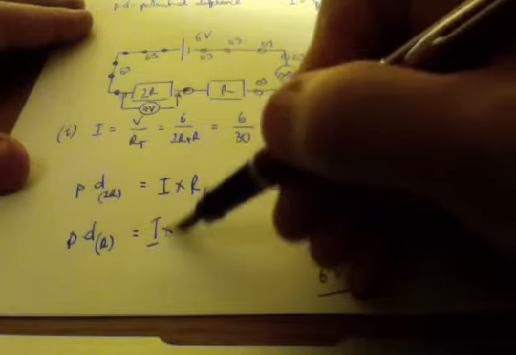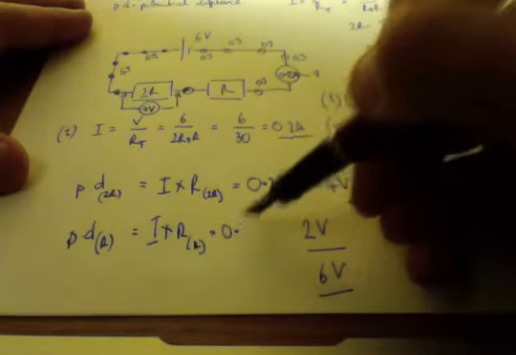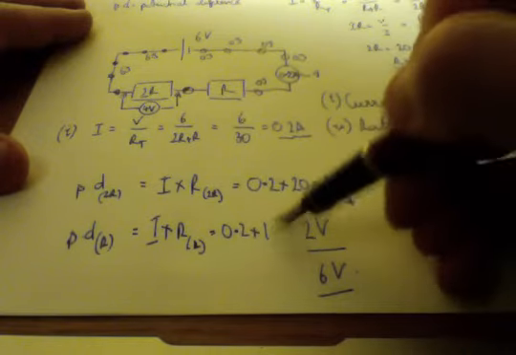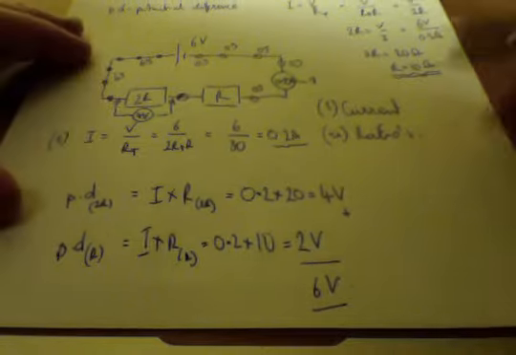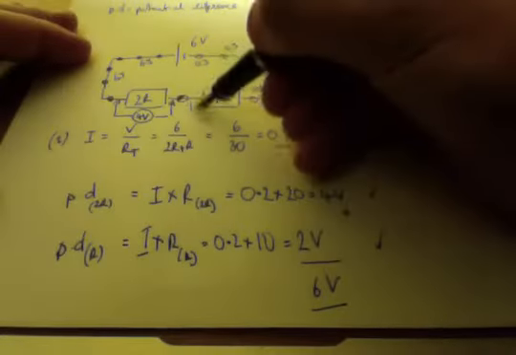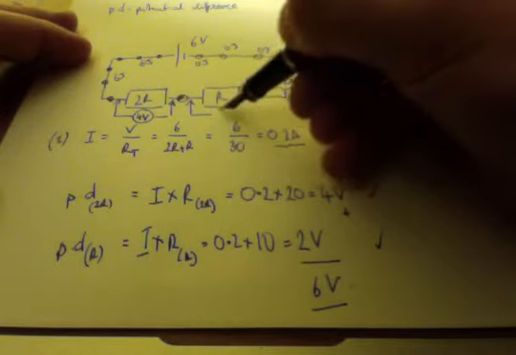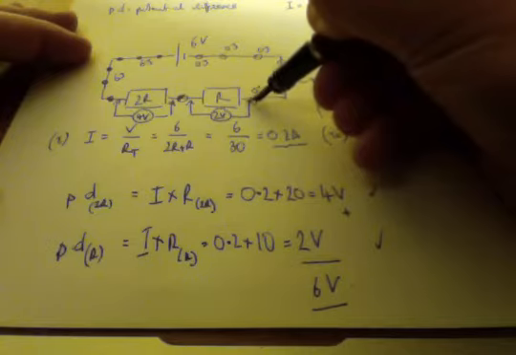The current times the resistance of the 1R gives us 0.2 times 10, which is 2 volts. So there we go. If you're unsure of how to do it, this method is fail-safe.